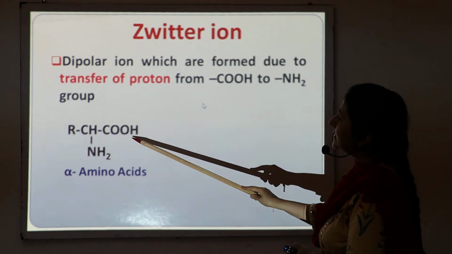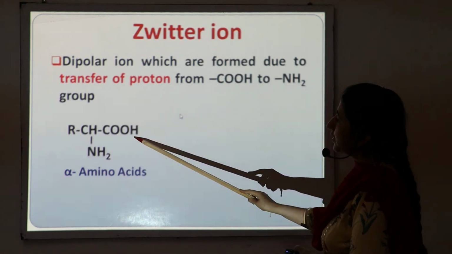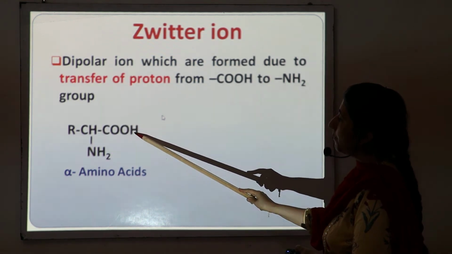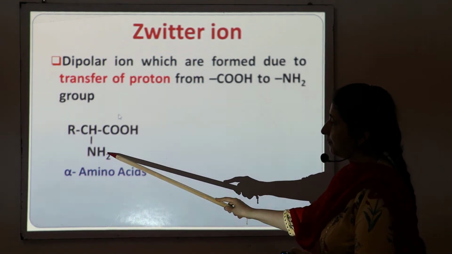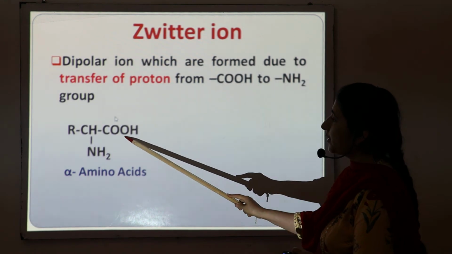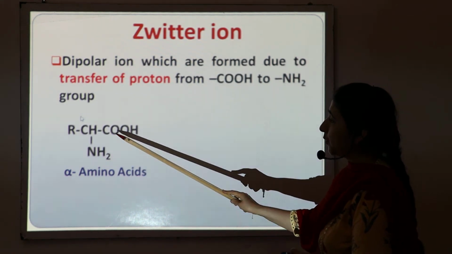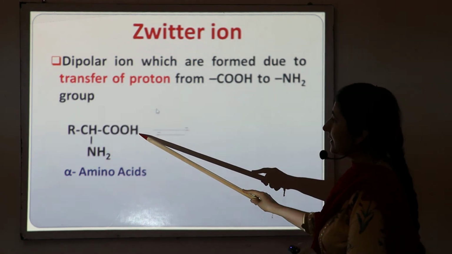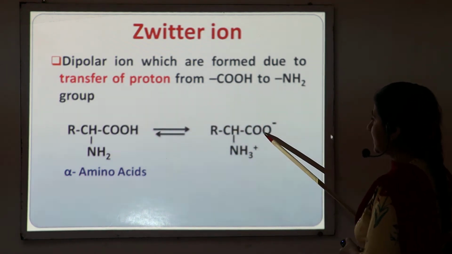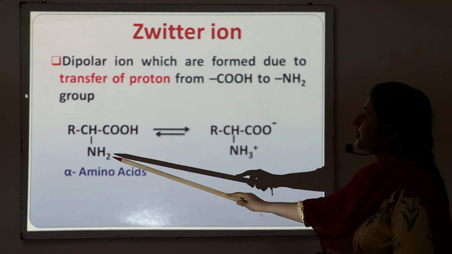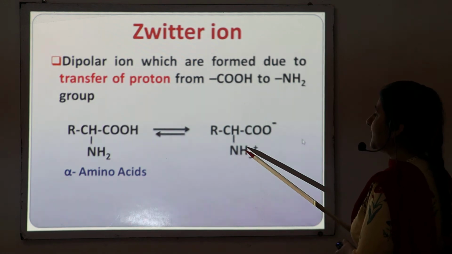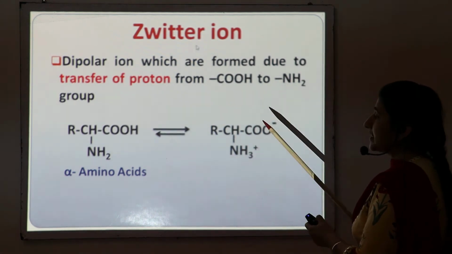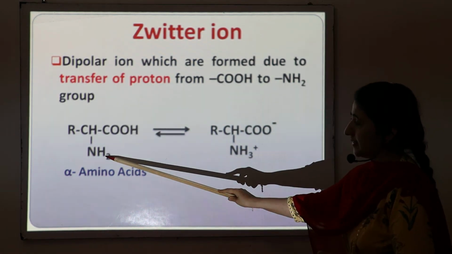In this case, there is a transfer of this proton from the carboxylic group to the amino group. Due to this transfer, the carboxylic acid is converted into a carboxylate ion, whereas the NH2 group is converted into NH3 positive due to accepting the proton H positive.